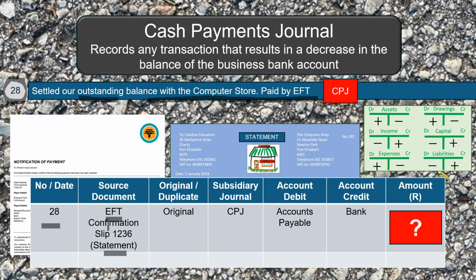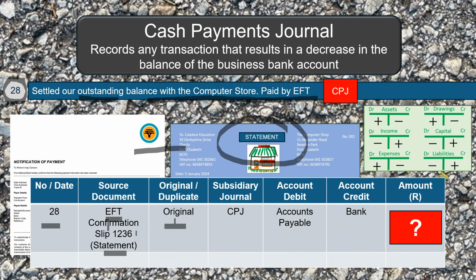We get a statement from our supplier, the computer store. We attach it to this EFT confirmation slip, or we enter it onto the software. The document is the original. Remember, you can put EFT confirmation slip in a test, that's okay, and it's the original. How did we make the payment?